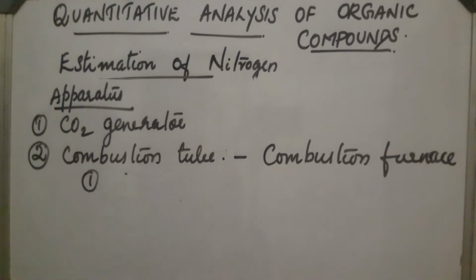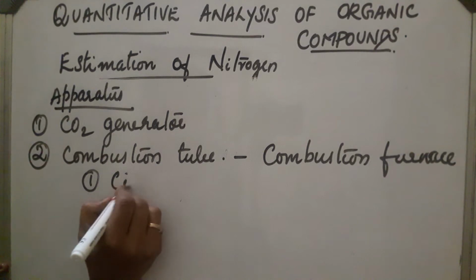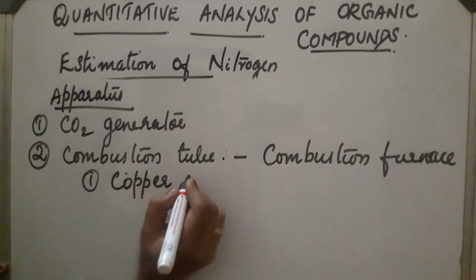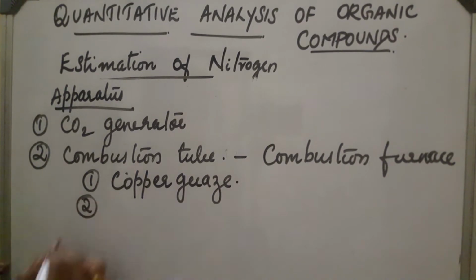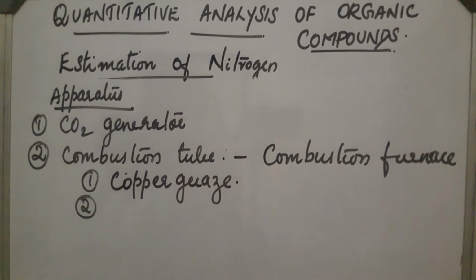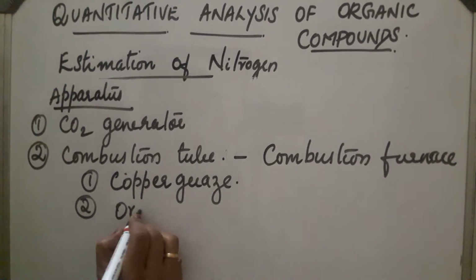First layer is a copper gauze to prevent the back diffusion of the products during combustion. Now, the next layer is the weighed amount of the organic compound and copper oxide.